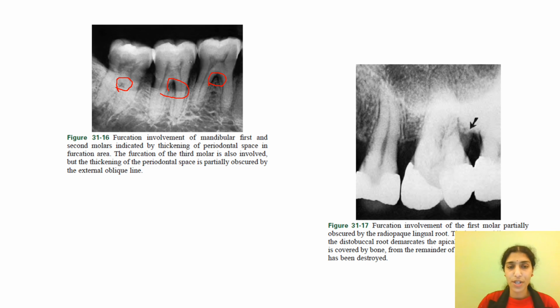There is a furcation involvement on all three teeth. Whereas in the maxillary molar, the palatal root is overlapping again, so the furcation may not be so obvious, but you can see this, called a furcation arrow, indicates the presence of furcation involvement.